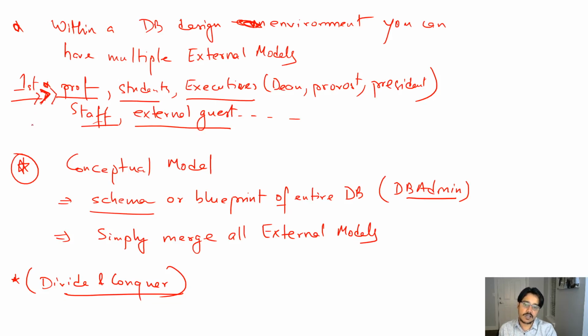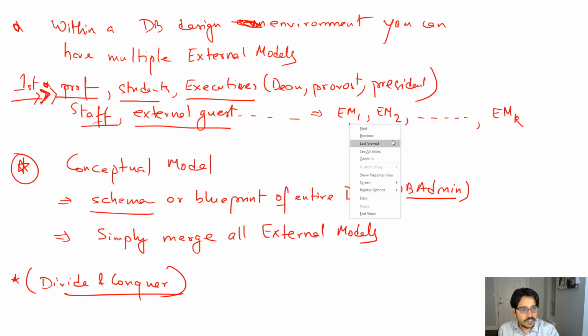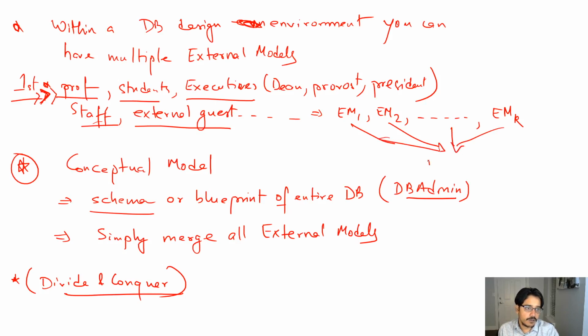And then you generate an external model, say EM1, EM2, up till, let's say, EMK, right? And then you merge all of these EM values together in order to create your conceptual model. Okay, and that will be the final representation of your entire database.